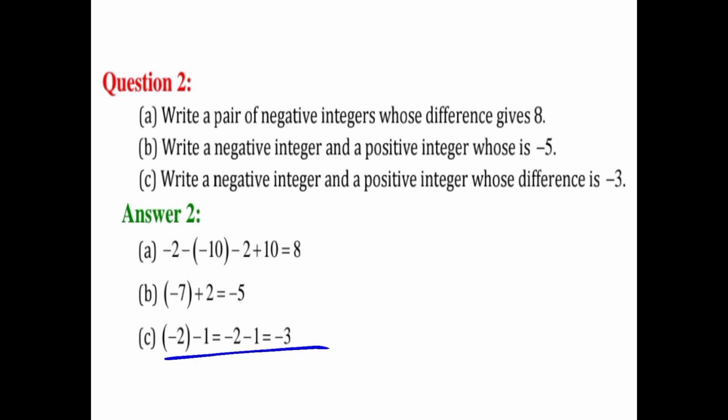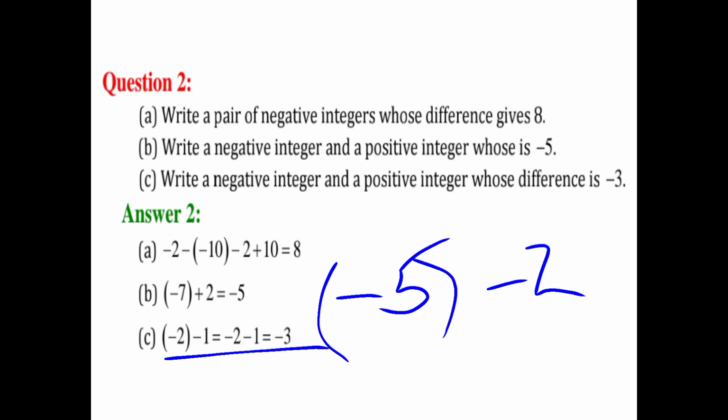See here, it is solved: -2 - 1 is equal to -3. We can find another one.